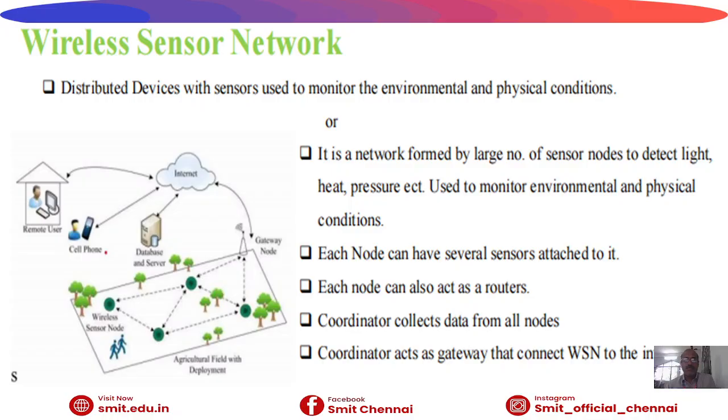Each node can also act as a router, and there is a coordinator which collects the data from all the nodes. The coordinator node is responsible for sending the data through the gateway to the internet. This is one such type of network which makes IoT deployment possible. This is the most important one, wireless sensor network.